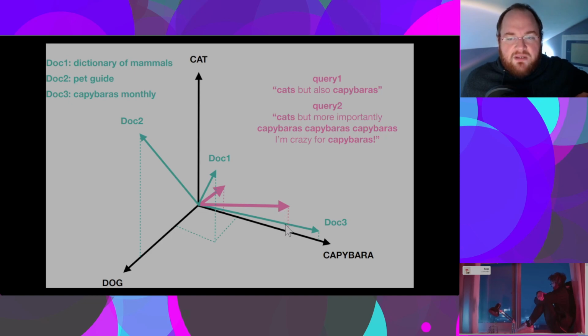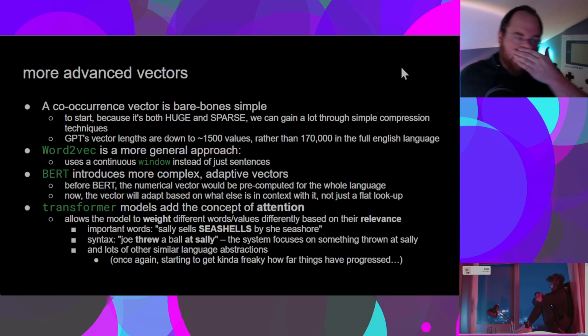The angle between these, the similarity between these vectors, is much closer because this one is enriched with lots of capybara discussion, whereas this one was a more even-keeled thing, so it's probably going to pull up Dictionary of Mammals. This is part of how Google works, right? How it does the rankings. It does also a different kind of search. Go take Information Science 220 for that. So, that's the idea.